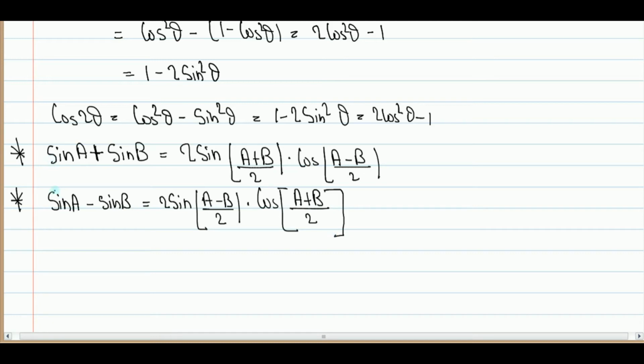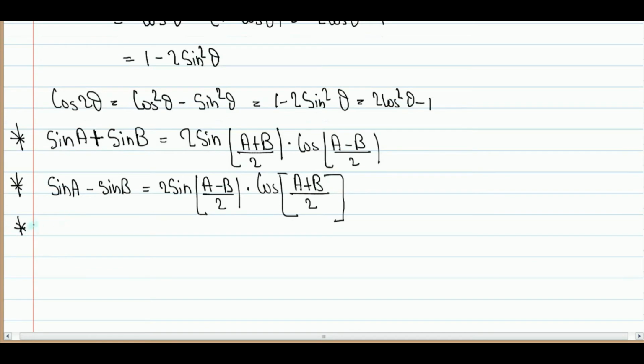Similarly, you have to memorize the formula for cos a plus cos b, which is equal to 2 cos a plus b by 2 into cos a minus b by 2.